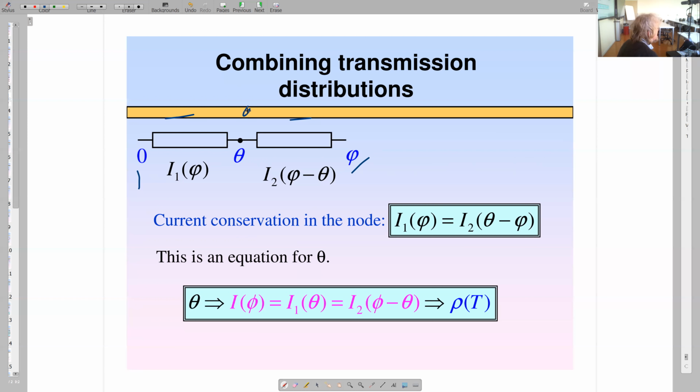All right, well, how can we figure that out? We write the current in one connector as a function of phase, write another current, and by virtue of conservation, these currents have to be the same. And this is an equation for theta. We can find the total current as a function of phi, and finally get to the distribution.